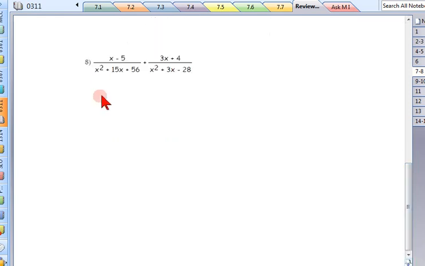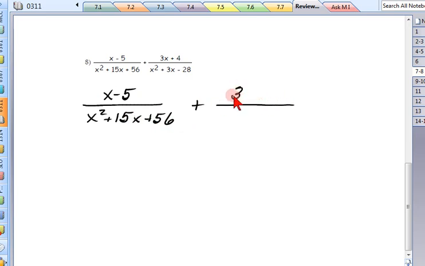I have x minus 5 over x squared plus 15x plus 56 plus 3x plus 4 over x squared plus 3x minus 28. In order to get a common denominator, I'm going to need to factor these denominators.